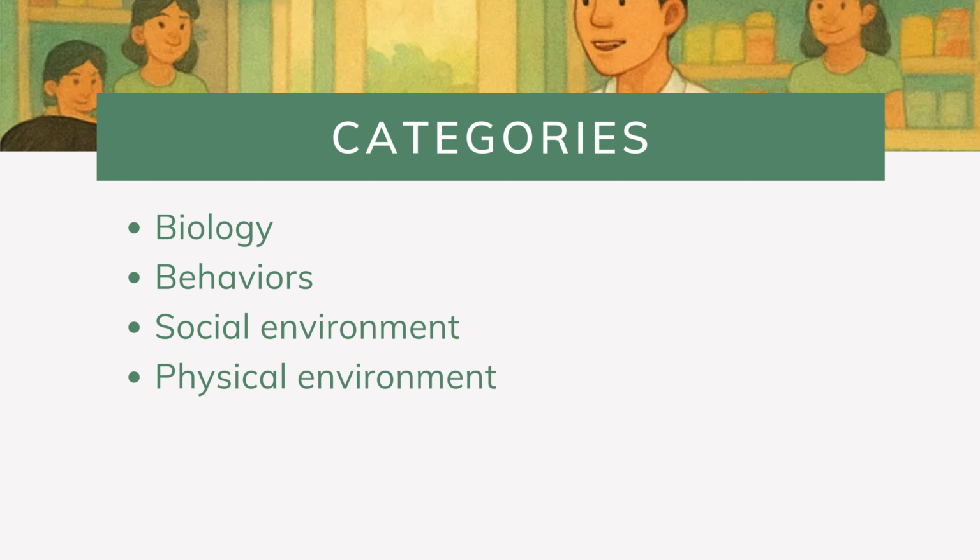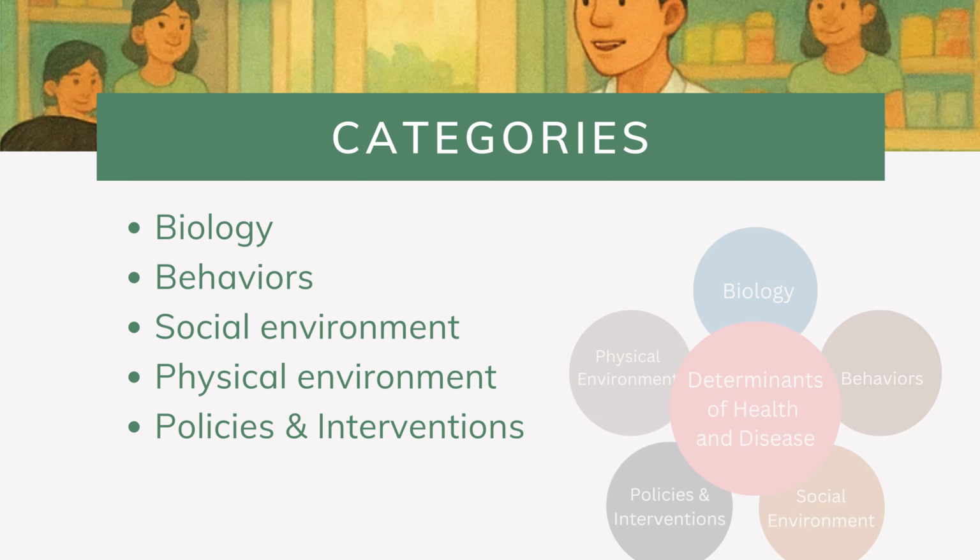The physical environment includes the air we breathe, the water we drink, and the infrastructure around us. One of the determinants of health are the policies and interventions available. These include laws and government programs that affect access to care or health behavior.